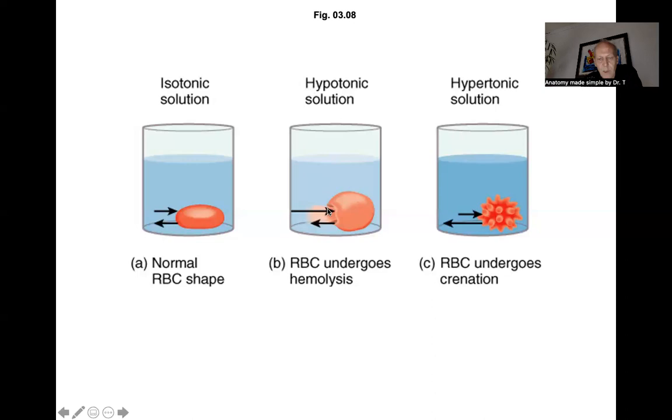So water will start moving into the red blood cell at a larger volume than molecules of water emerging out of it. As a result of more water coming in, this cell will start increasing its size, will look swollen, and at one point it would burst.